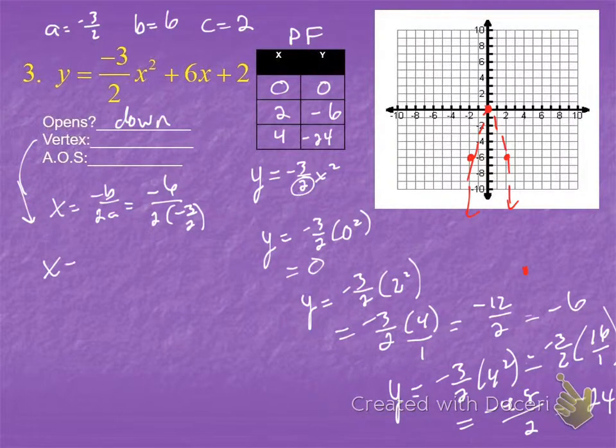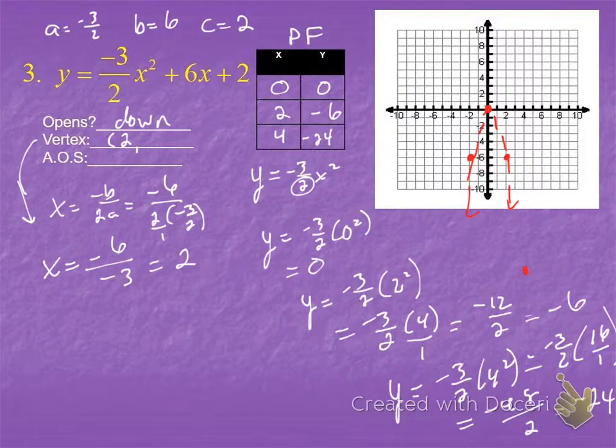So we get negative 6 over, make that a fraction. So negative 6 divided by 2 is negative 3, which gives us 2. Okay, so the x-coordinate for our vertex is 2, comma, now we got to find the y.